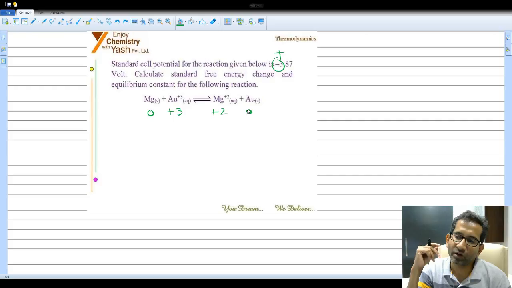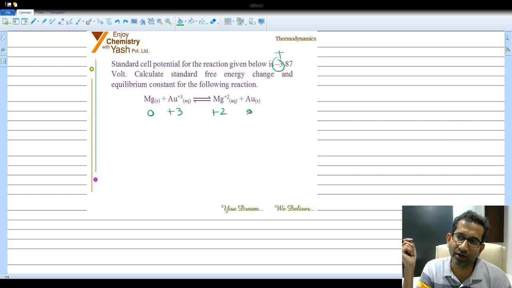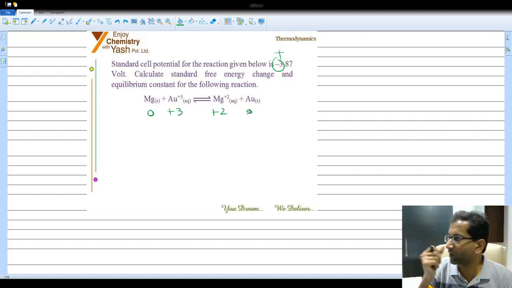Now the number of electrons involved in the oxidation reaction is 2 and in the reduction reaction is 3. So the oxidation reaction should be multiplied by 3 and the reduction reaction should be multiplied by 2. Then we can have the number of electrons in both reactions the same.